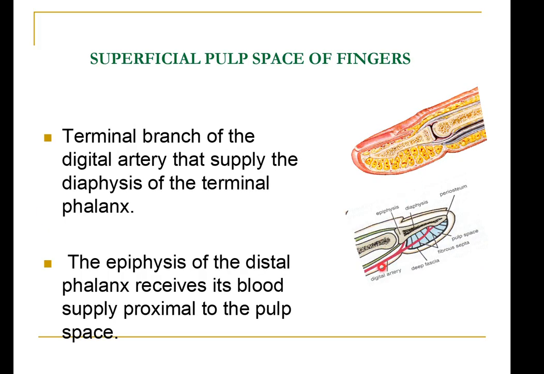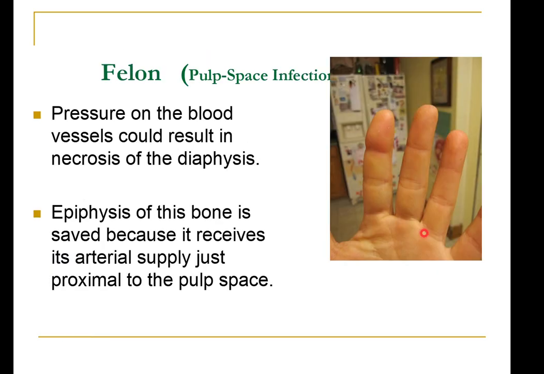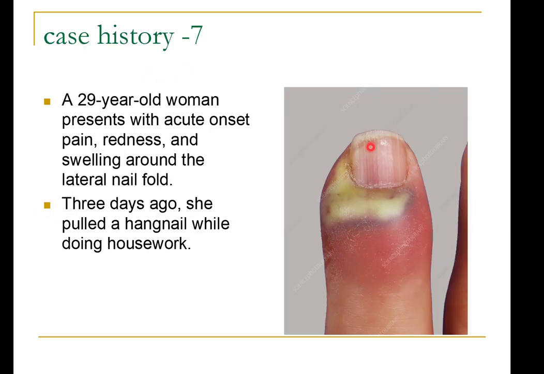So here you can see this is the artery which doesn't enter the pulp space, so the epiphysis gets its nutrition, but the diaphysis has avascular necrosis because of the involvement. And usually they give a longitudinal incision so that they open all the locules or lobules.